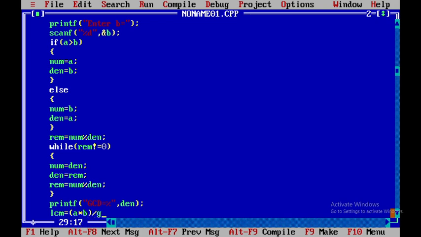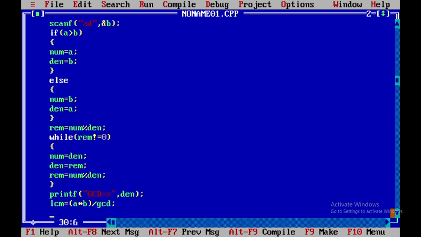If we divide it by GCD, then we get LCM, and finally we are going to printf here, LCM is equal to least common multiple is equal to percent d LCM. Okay, bracket completed. We want new lines here, one more new line here, also new line.